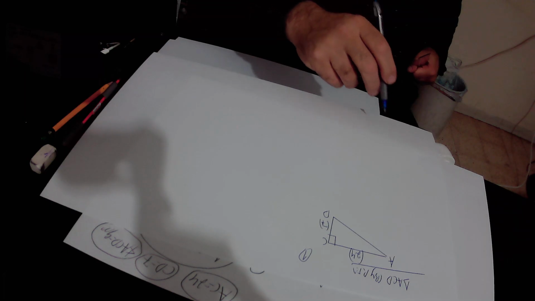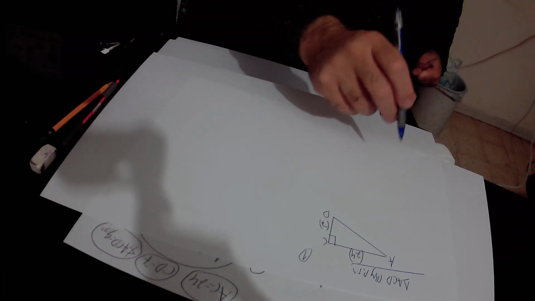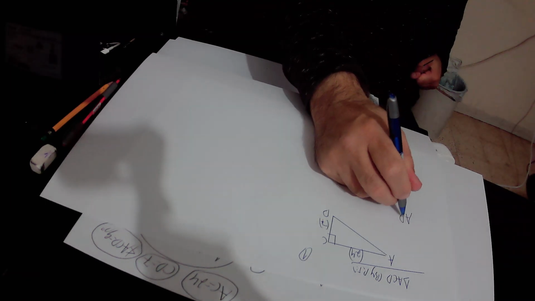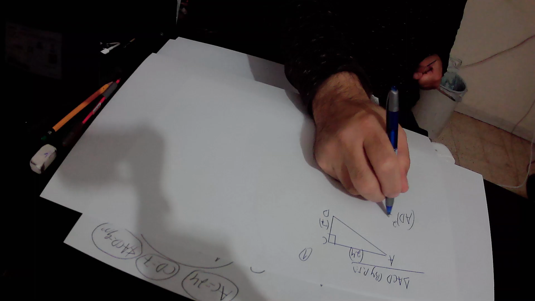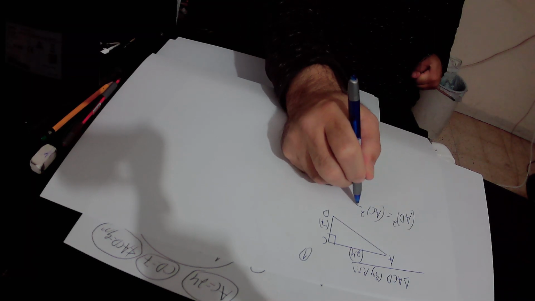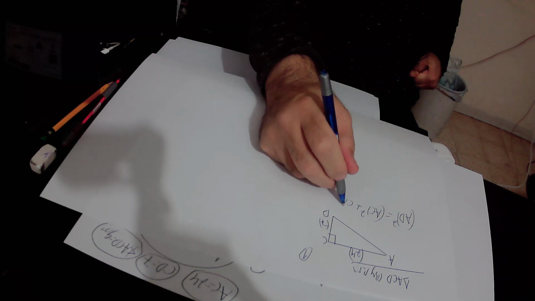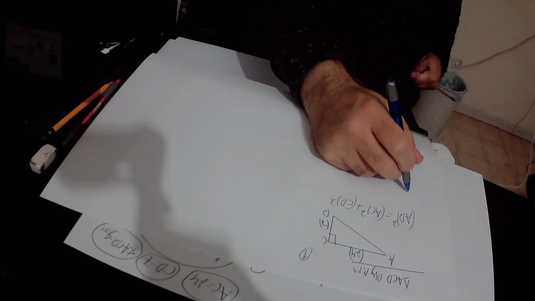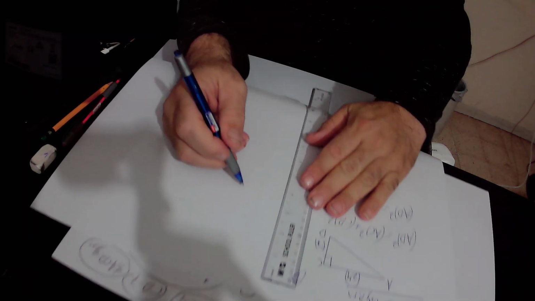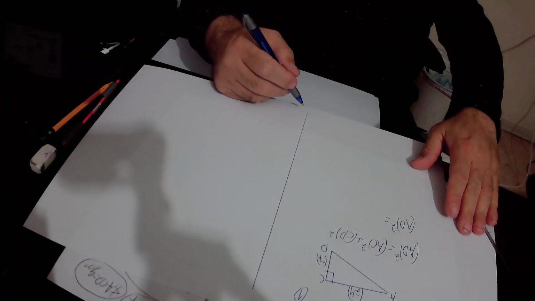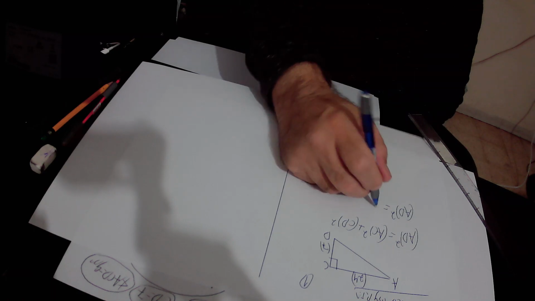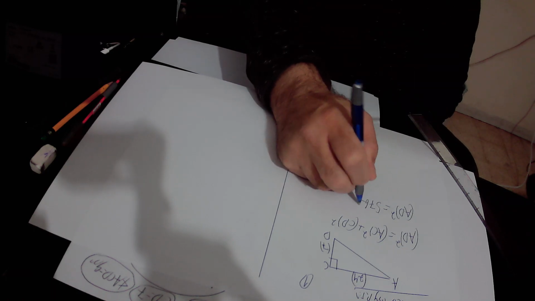According to the Pythagoras theorem, the square of the hypotenuse equals the sum of the squares of the perpendiculars, that is to say AD square equals AC square plus CD square. So AD square equals AC square. AC is 24, therefore AC square is 24 squared, that is 576, plus CD square.